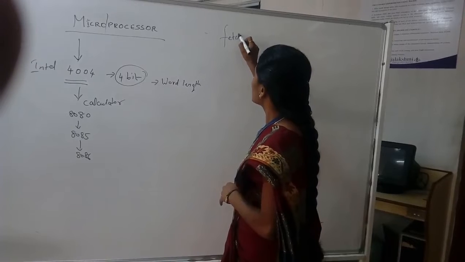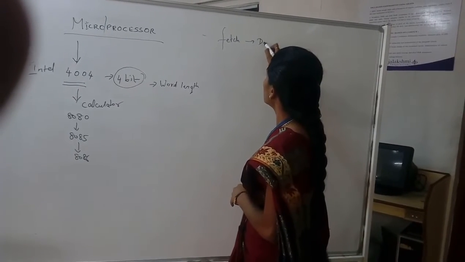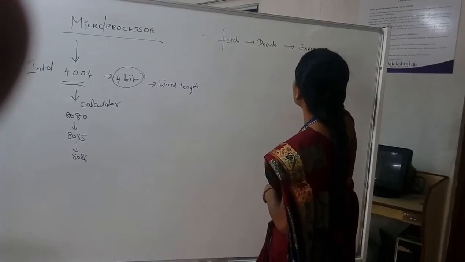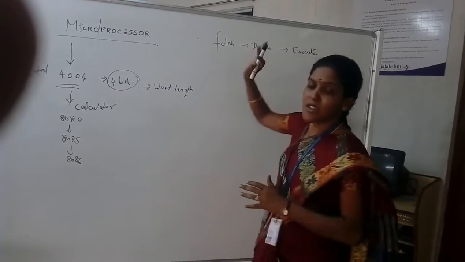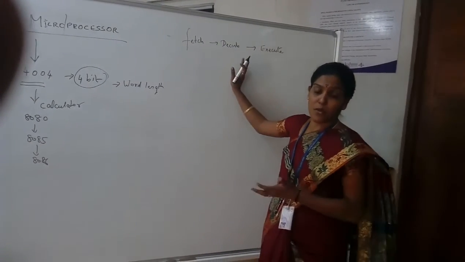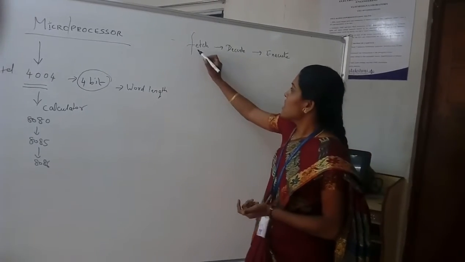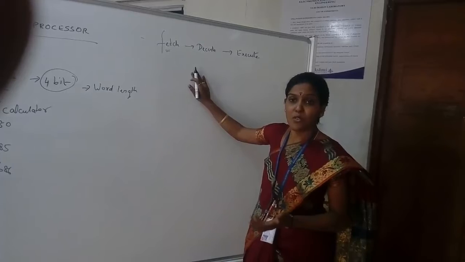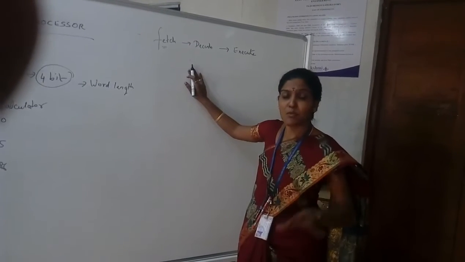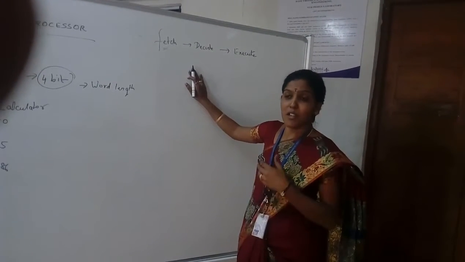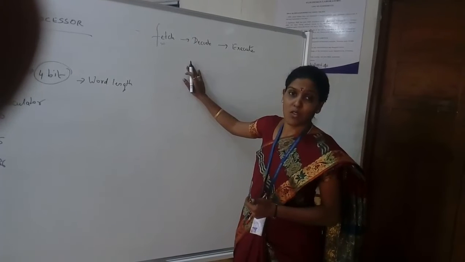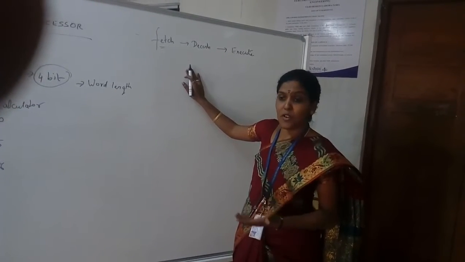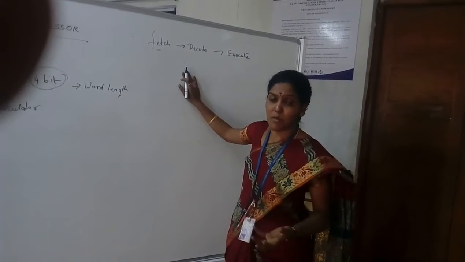The three basic operations of a microprocessor are fetch, decode and execute. Any processor carries out only these three processes. How to understand this? For example, assume you have been given a television set in a dismantled condition, and you are given an instruction set also. What will be your first step? You take the first component, read the instruction, assemble it.